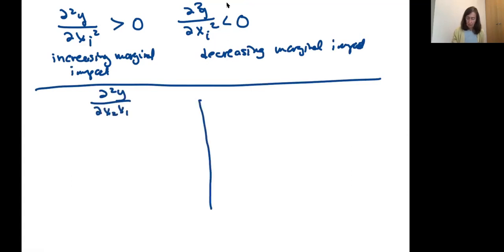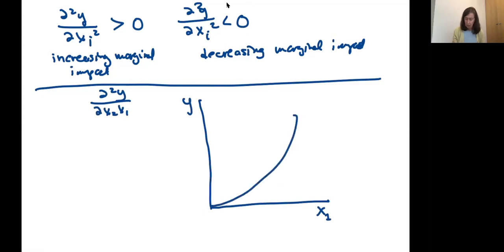Let's try to recall the picture that we had in the previous lesson where I was looking at contours of having x1 be our x-axis on the page and y be our y-axis on the page, and thinking about x2 as coming out of the page and then taking slices at different values of x2.